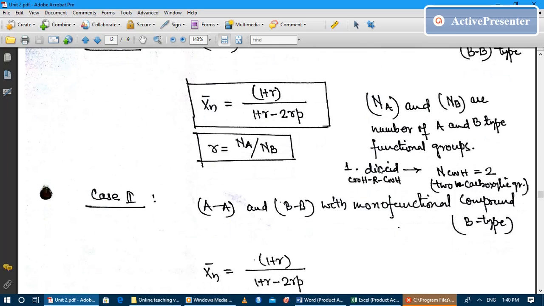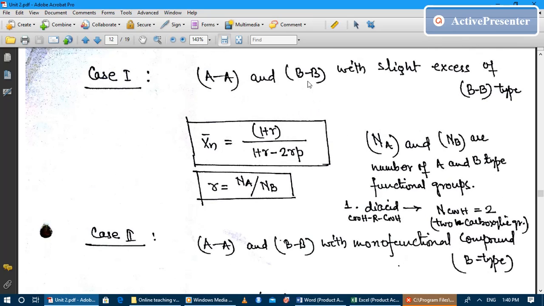Okay. For example, in case of a diacid, COOH-R-COOH, this is a generalized formula or structure of a diacid. One diacid molecule basically contains two carboxylic functional groups. So the number of carboxylic groups per molecule of diacid is 2.